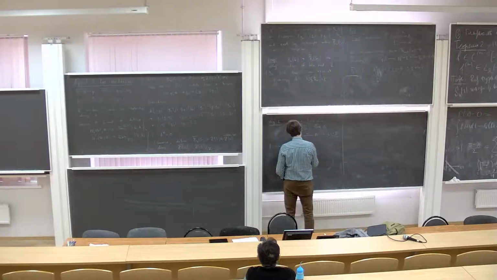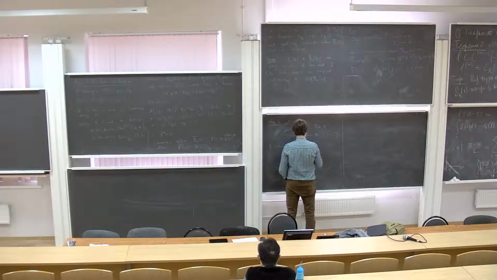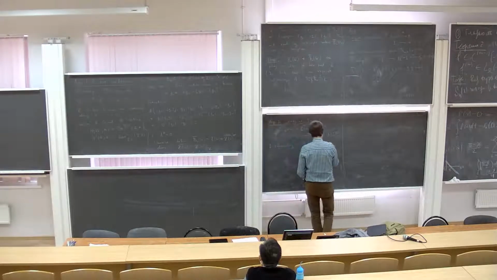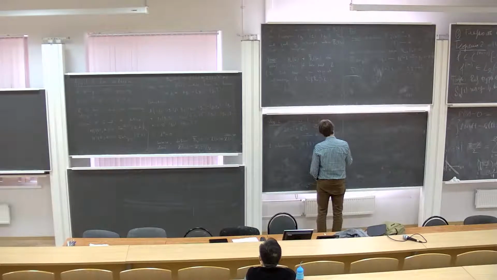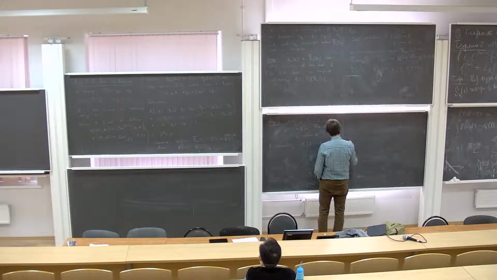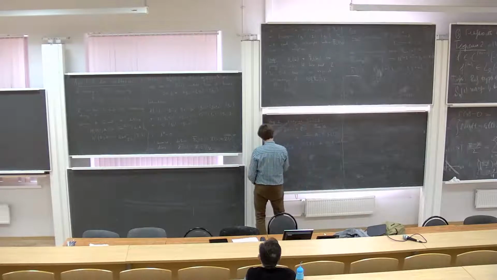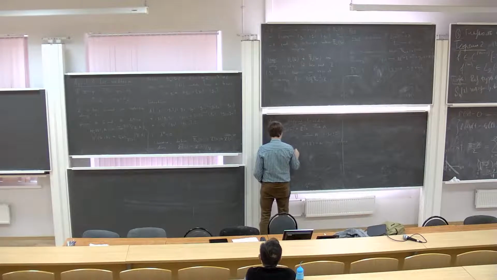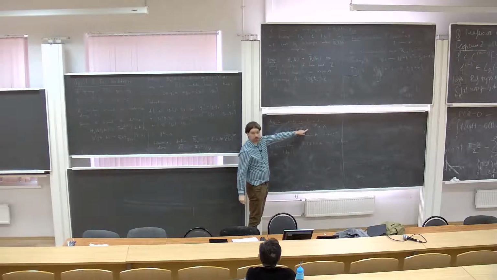Suppose beta of 1 equals A, so beta is a 0 cochain, and then I want to take the differential of that. The differential of such a thing evaluates on one of these guys.